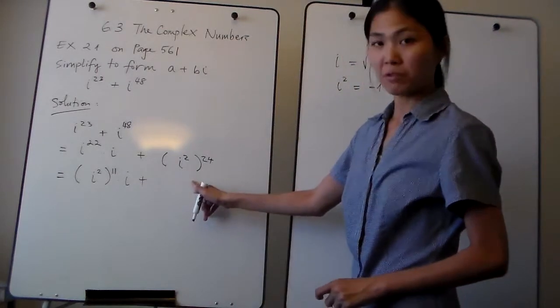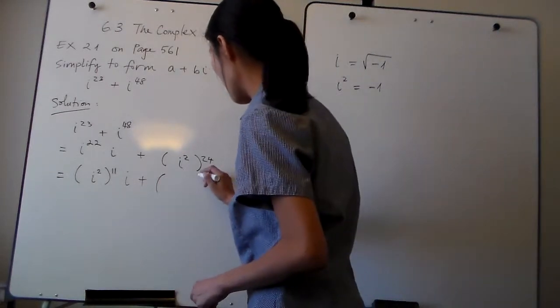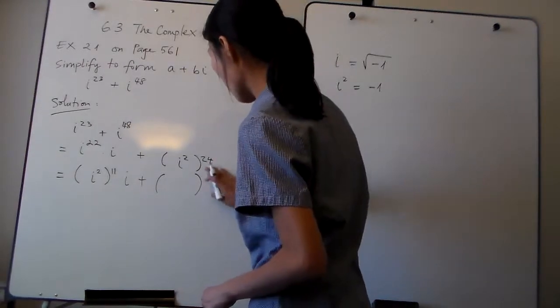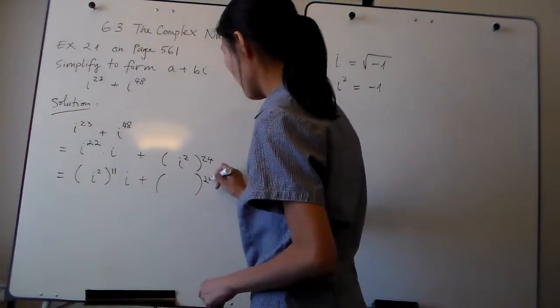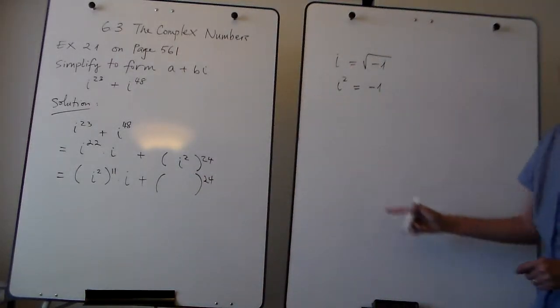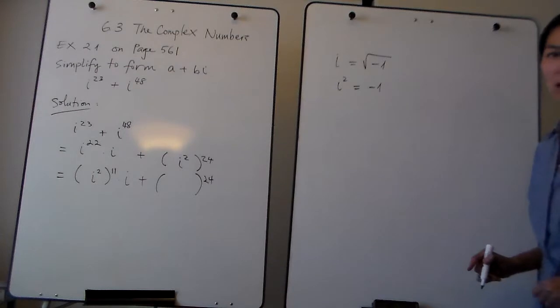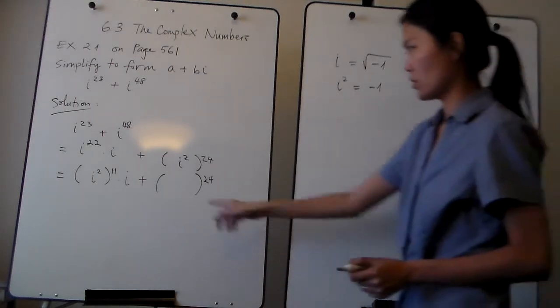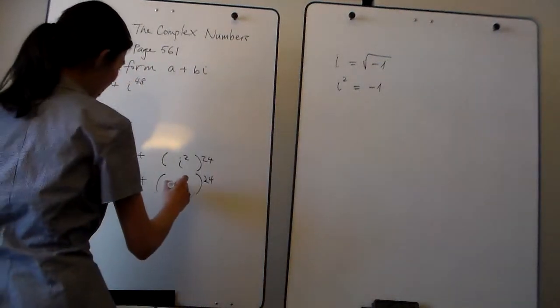Now we can simplify this. The outer exponent stays the same, 24. The inner i squared, you know from the formula, i squared equals -1. So I'll replace i squared with -1 here.